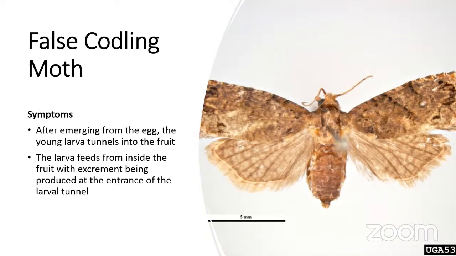Symptoms for the false codling moth. After emerging from the egg, the young larva tunnels into the fruit. So it will actually make a tunnel and get into the fruit. And sometimes the symptoms for the false codling moth and the fruit fly are actually very confusing.